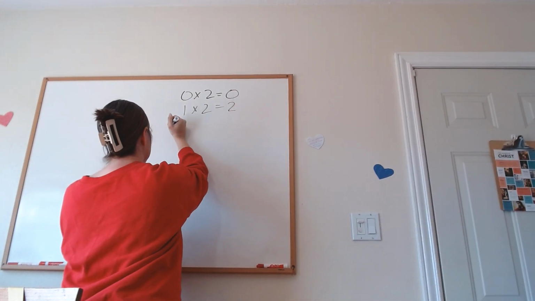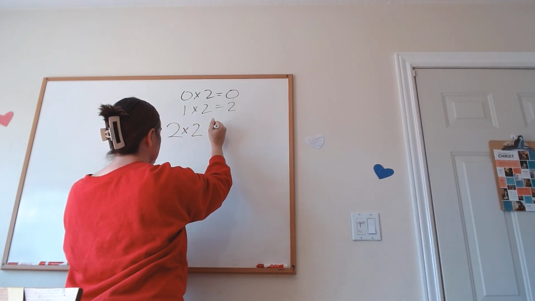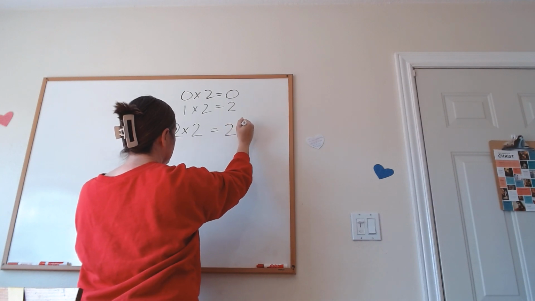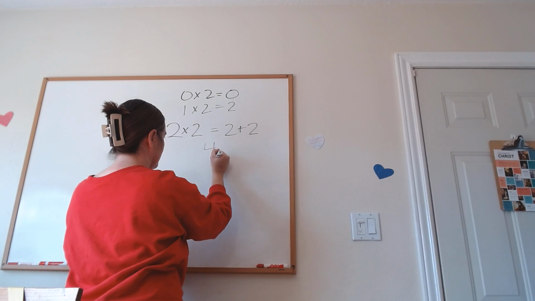But when we get into the higher numbers, 2 times 2 is the same as 2 plus 2. So the answers will be 4 for both of those.